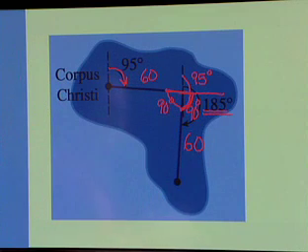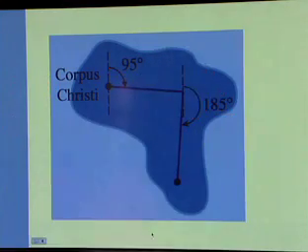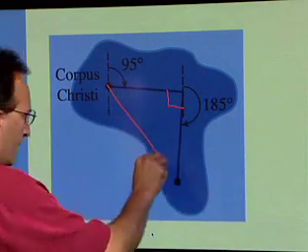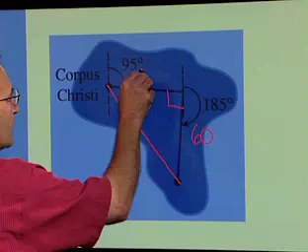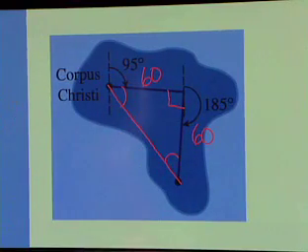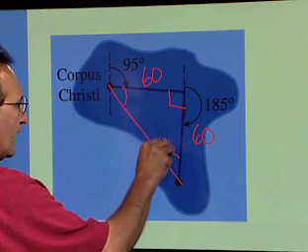All right, so what we now have is a triangle, and let me erase that and redraw it. We now have a right triangle. Both sides are 60. That means each of these angles, because it's a right isosceles triangle, each one is 45 degrees.